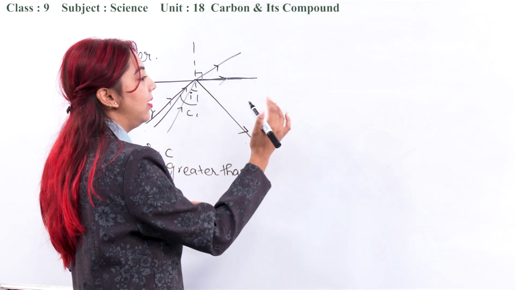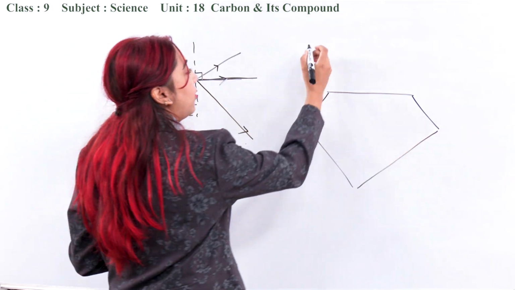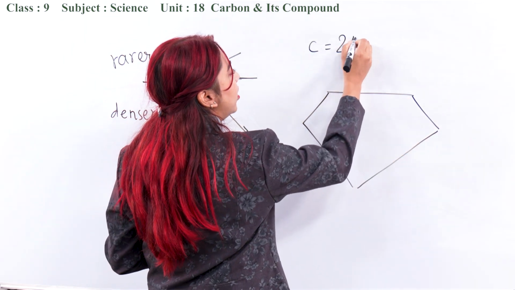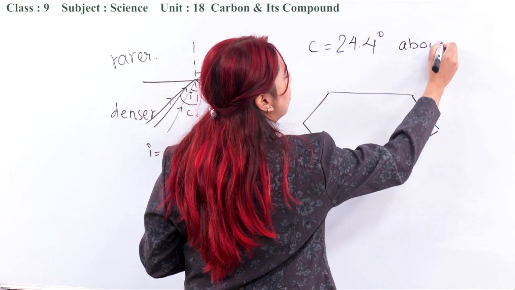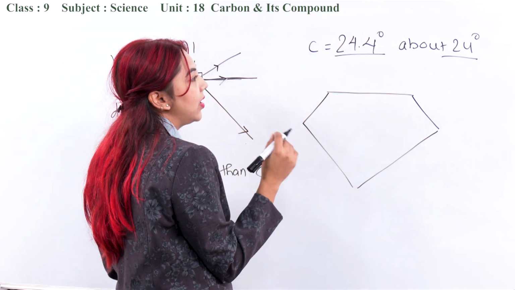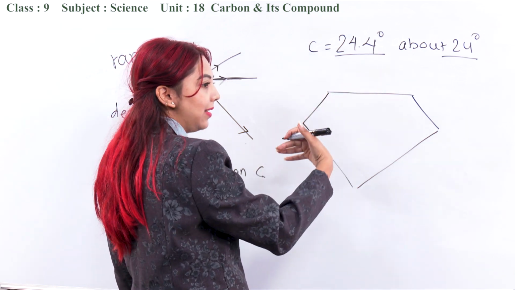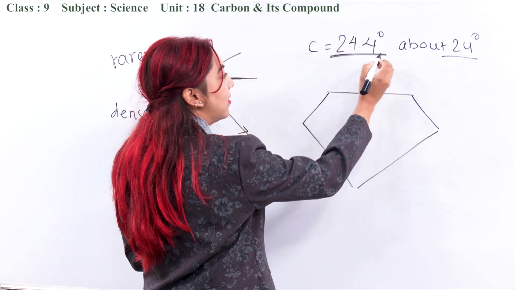And this happens in diamond. Why this happens is that the critical angle of diamond is 24.4 degrees. You can say that it's about 24 degrees. Now, this is a very small critical angle, and most of the light that is incident has higher chances of being greater than this angle.